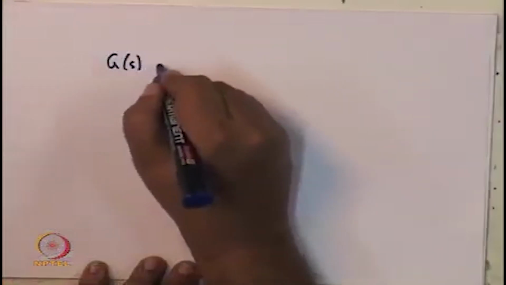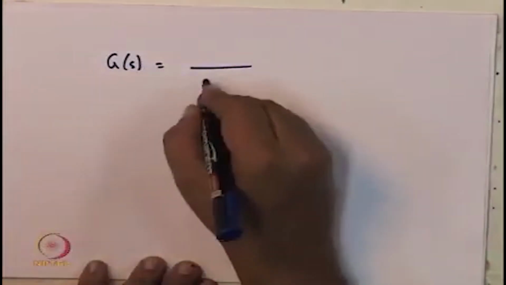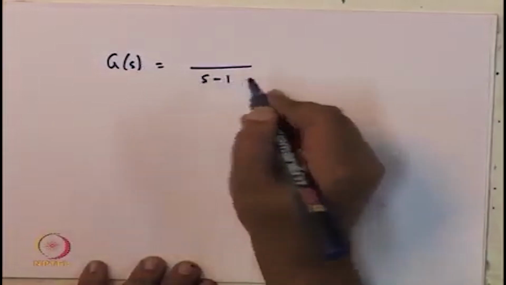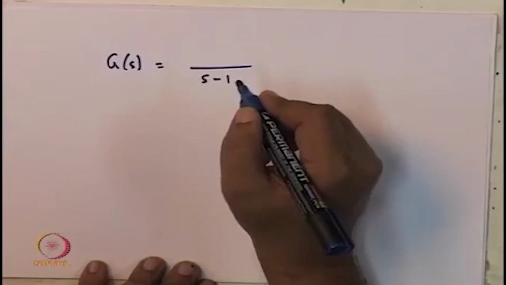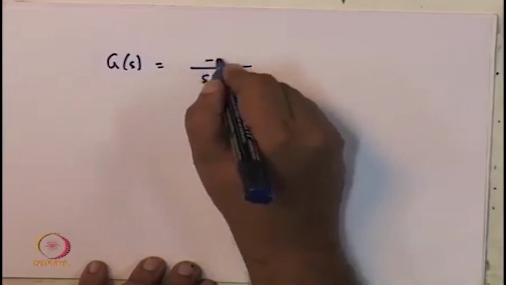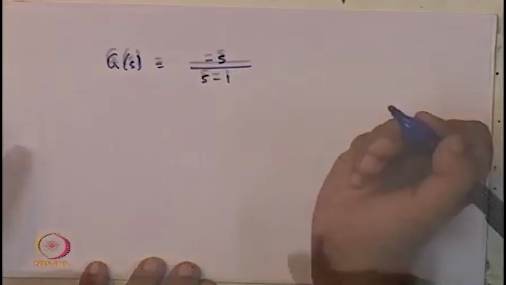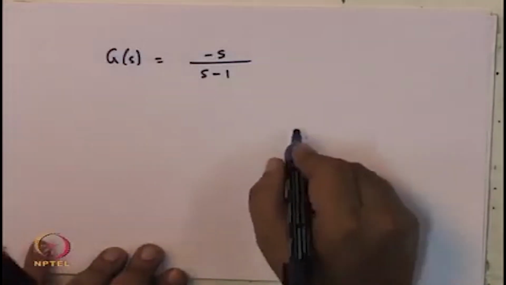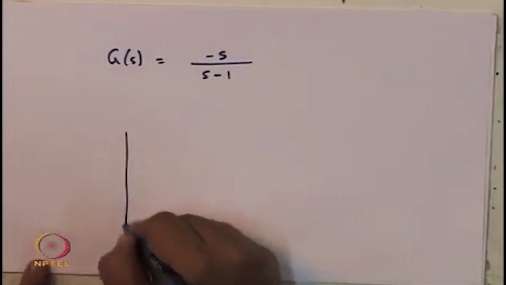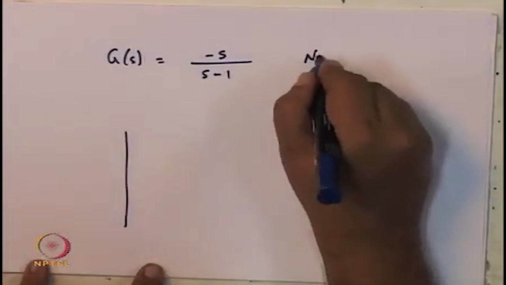Let me now take another transfer function, which is G(s) is, let us say, s upon (s minus 1). This transfer function, of course, is not stable.